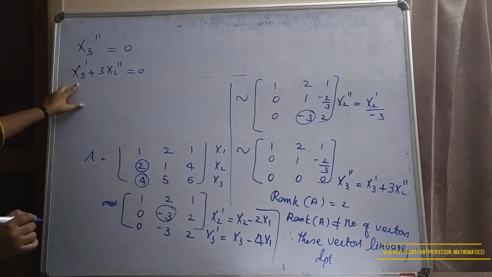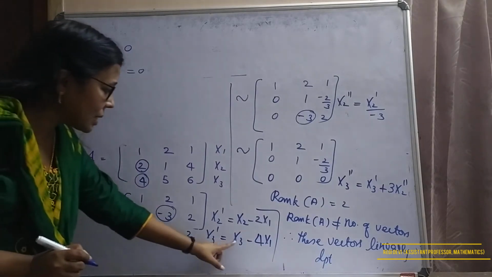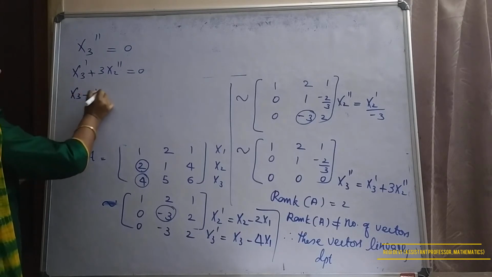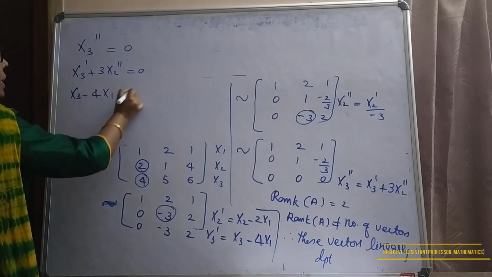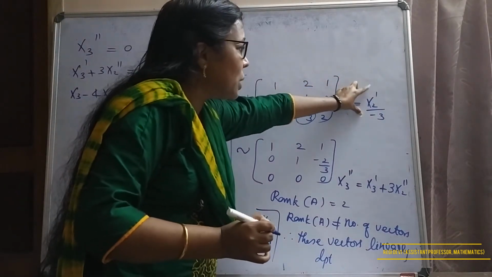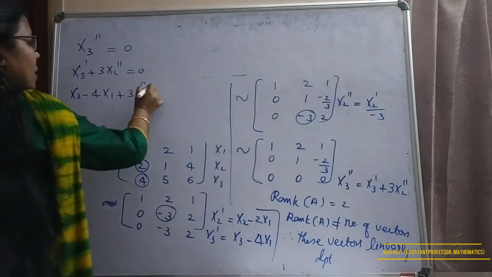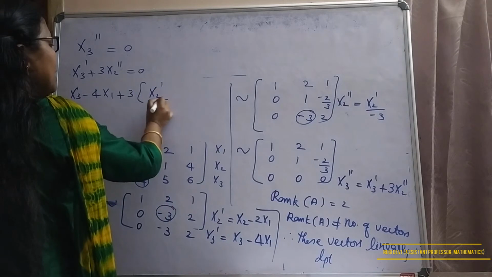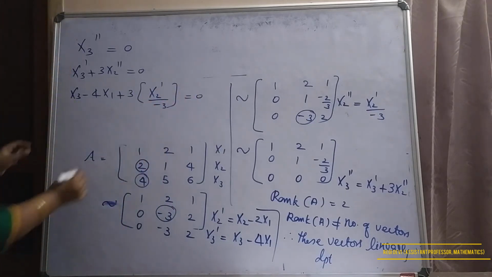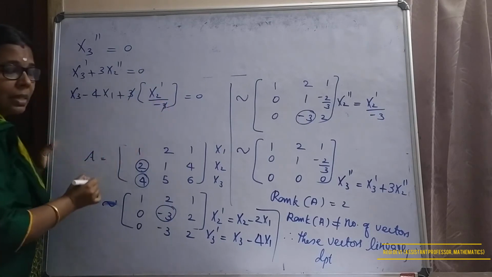Then what is x3 dash? x3 dash is x3 minus 4x1. So x3 minus 4x1 plus 3 times x2 double dash, and x2 double dash is x2 dash by minus 3, equal to 0. Here this 3 gets cancelled.